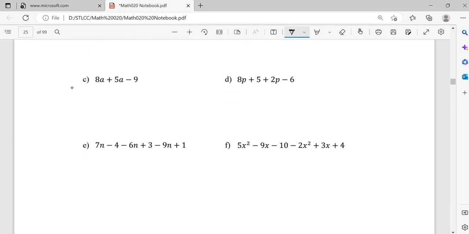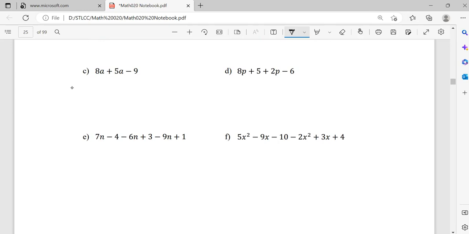Okay. So part C. Here, things are getting a little bit more interesting. You have some terms with a variable. You have 8a and 5a, but you also have a number, 9. 9 does not have a variable attached to it, so 9 is not going to be part of the like term combination. The only two like terms I can identify here are the a terms, because they have the variable a.